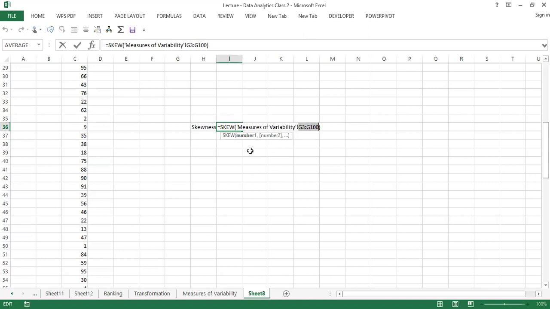This is 3D referencing. Why? Because from one sheet, you are accessing values in another sheet. You are referencing across worksheets.